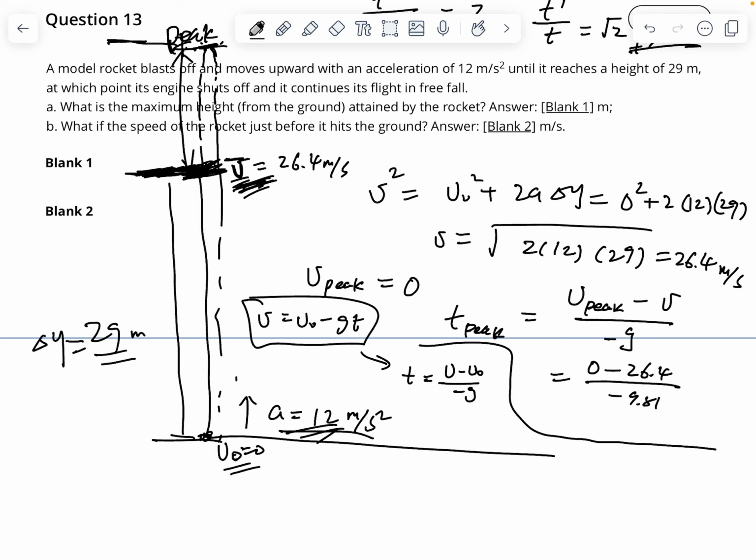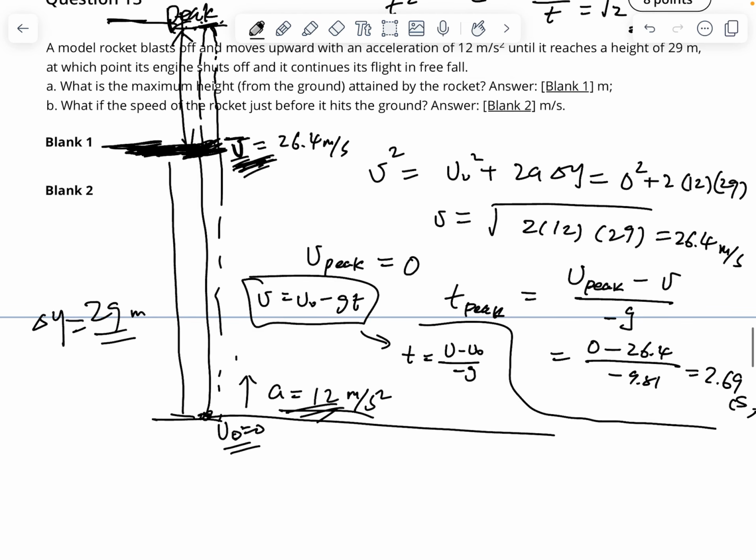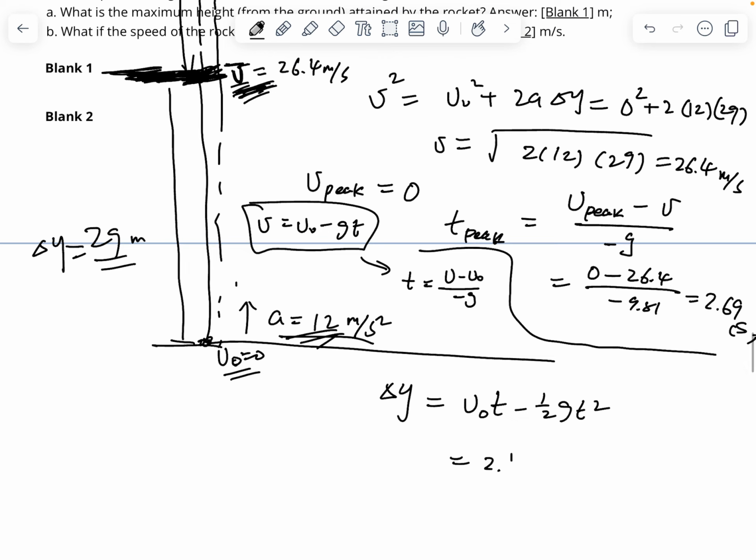Okay, and this is 2.69. So how high can you go from this location? Delta y equals v naught t minus half g t squared, right? v naught is 26.4 times 2.69 minus half of 9.81 times 2.69 squared.